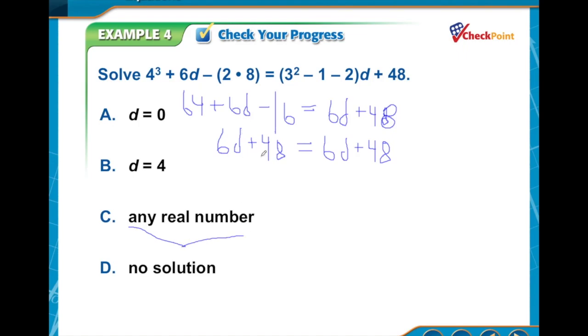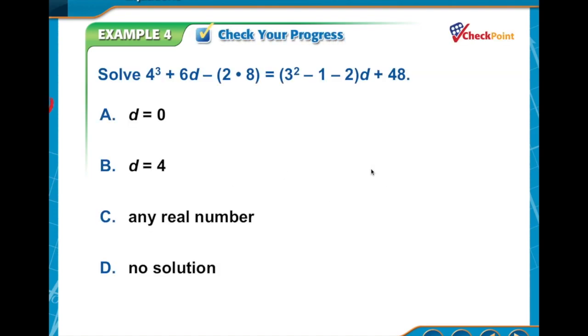If d is 0, we'd have 48 equals 48. If d was 1, we'd have 54 equals 54. No matter what number we plug in, this will always be a true statement. So any real number will work because we see the same thing on both sides. So for example 4, for today, the answer is C. Any real number will make that expression work.